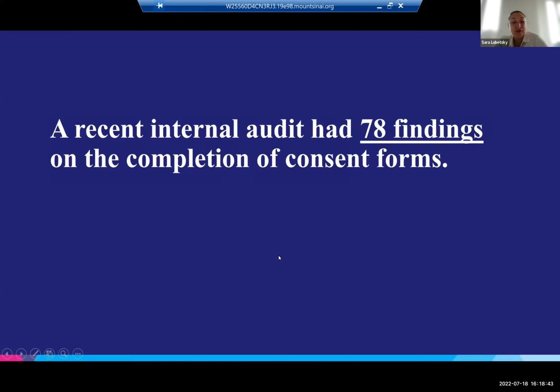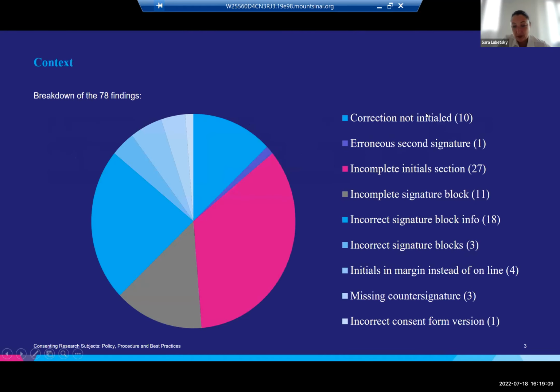First things first, people make mistakes on consent forms. You would be surprised how often this is not done perfectly. An audit that I was involved in actually had 78 findings, and this is what they looked like. We found a lot of corrections that weren't initialed.